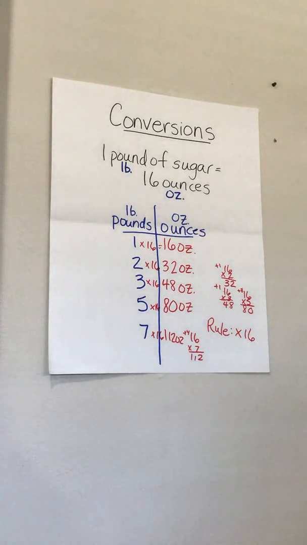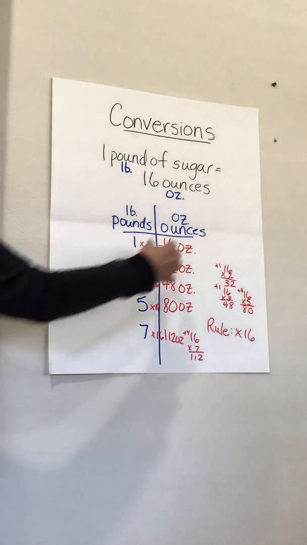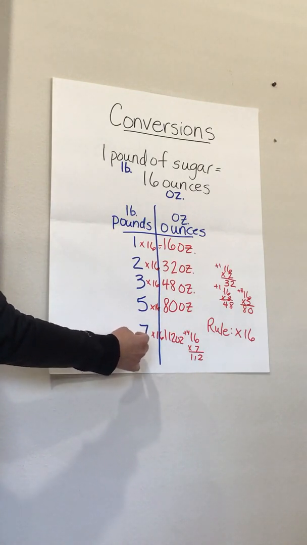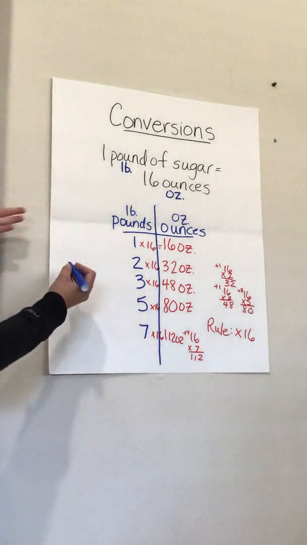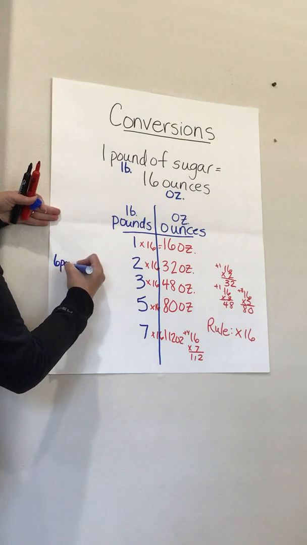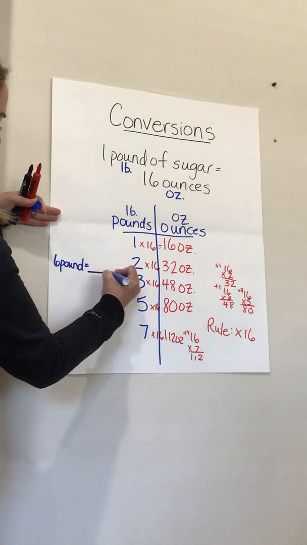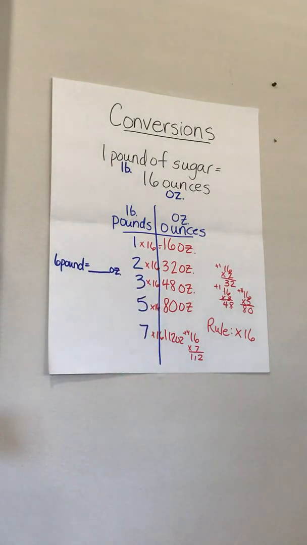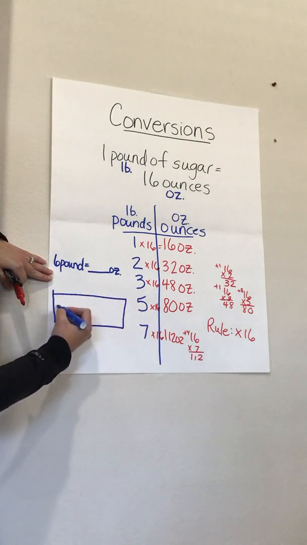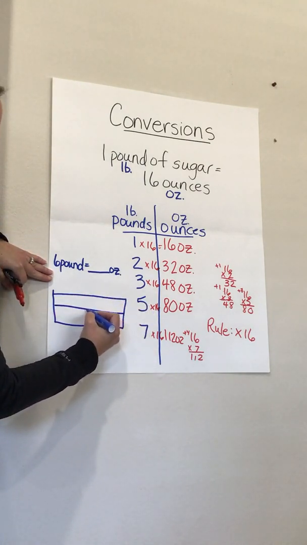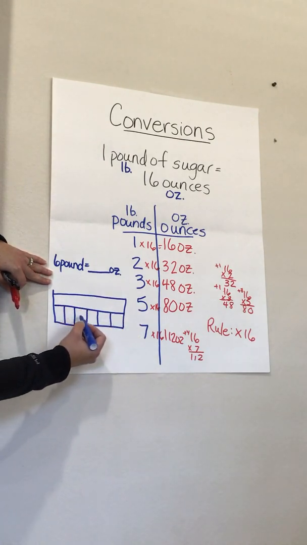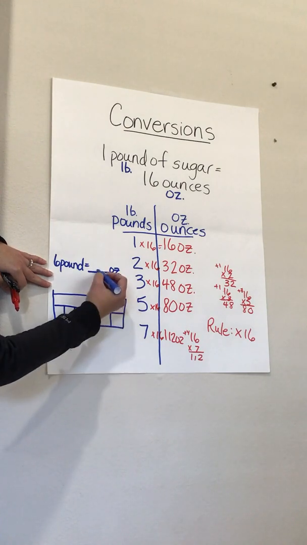And then if we had an in and out box that was going from ounces to pounds, we would need to make sure that we were dividing by 16. But the main thing that you need to know, if somebody says, I have 6 pounds equals blank ounces, well, every time you have a pound, if you looked at it as a strip diagram, each of these pounds is going to be 16 ounces.